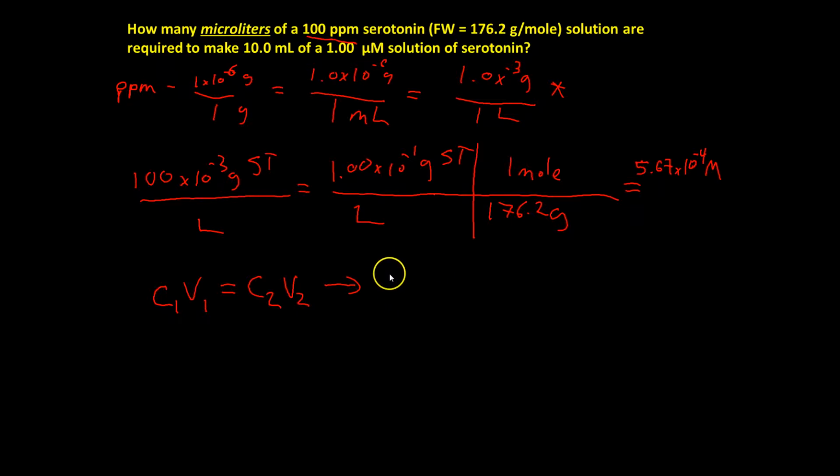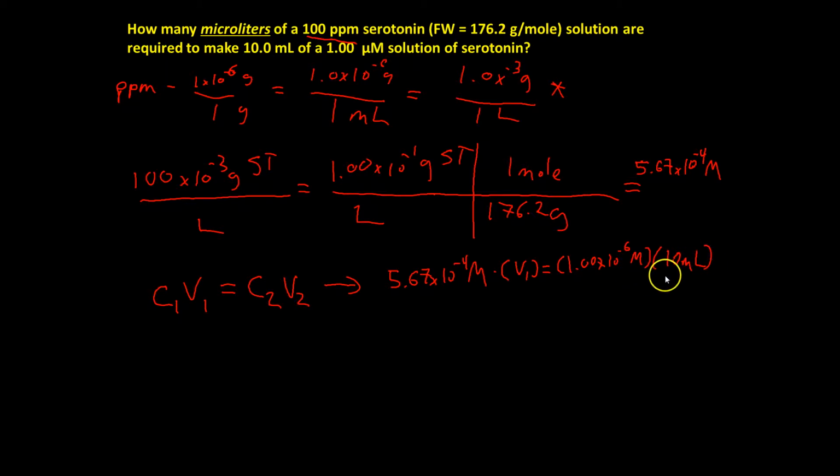But I'm going to start out with C1 as 5.67 times 10 to the minus 4 molar, multiplied by V1, which equals 1.00 times 10 to the minus 6 molar times 10 milliliters.